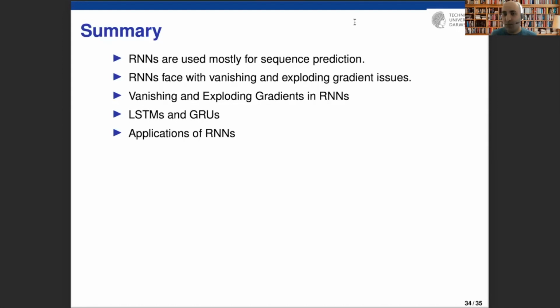So in GRUs, the model should be able to learn which time step should be considered to define the content of the memory, and which time step can be skipped, and in this way, the gradient can be easily transferred over long distances, to the early steps of the RNN.